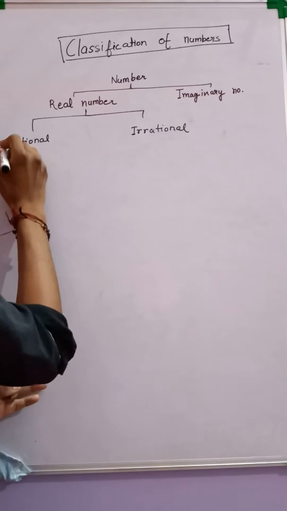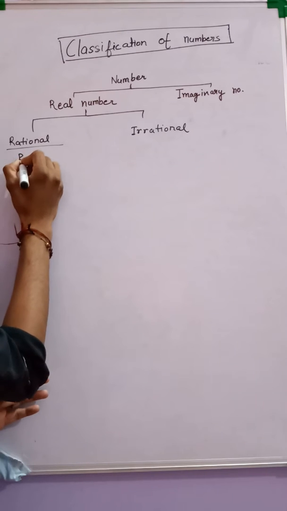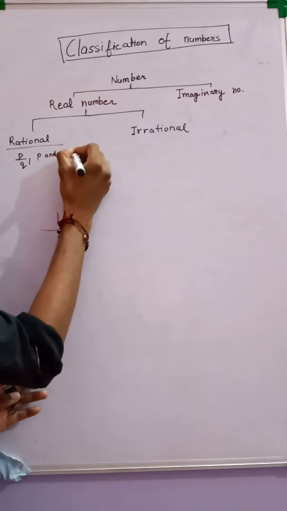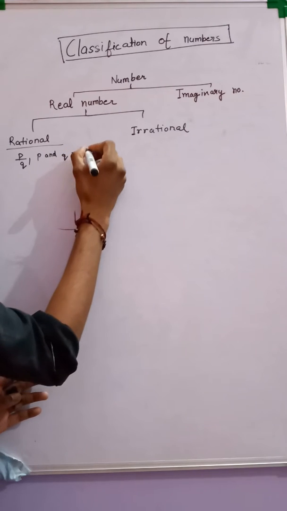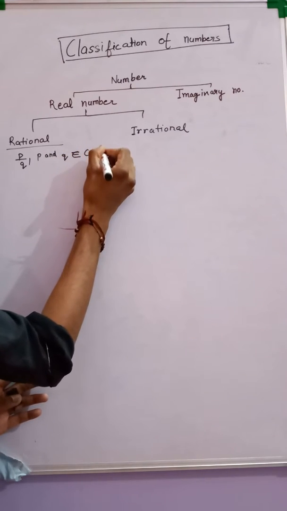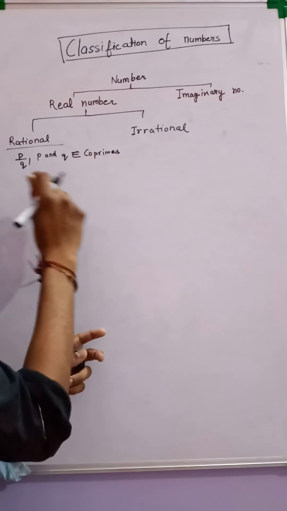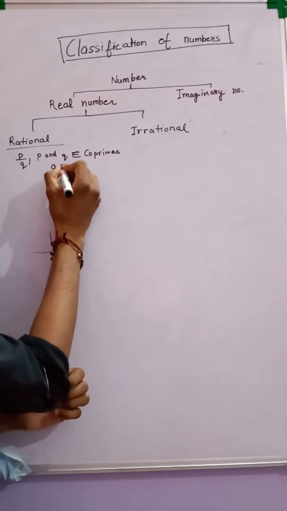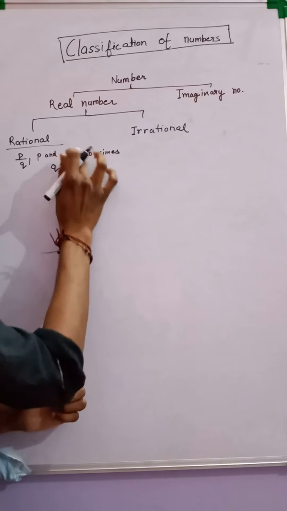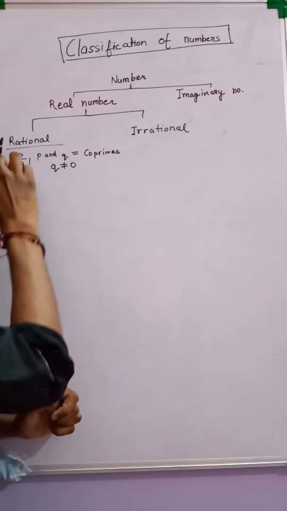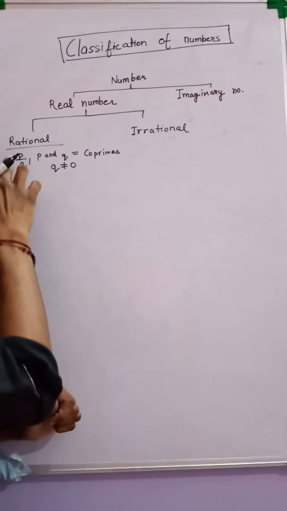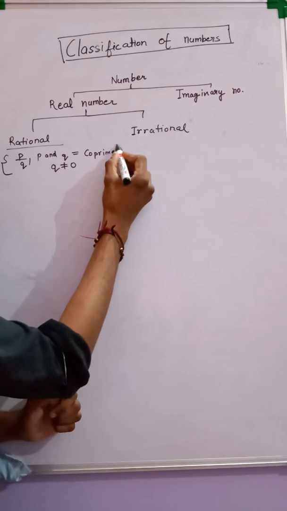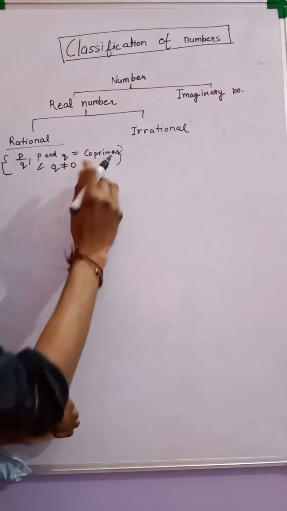What do you mean by rational number? A number in the form of p by q, where p and q are natural numbers and co-prime, and q is not equal to 0.